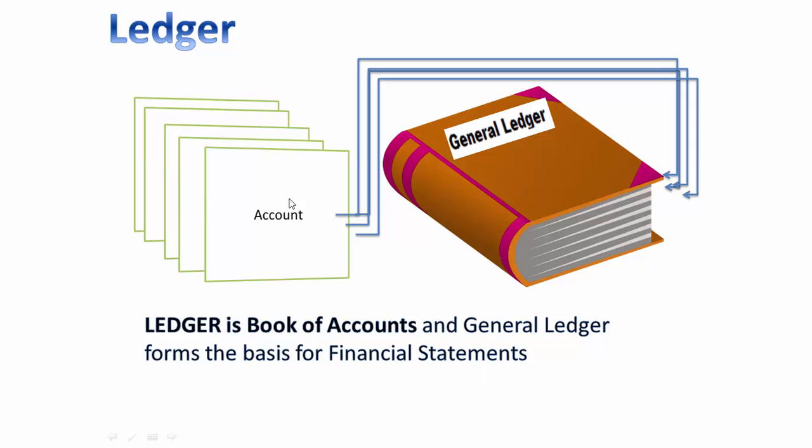Which means all the accounts of the company which is presenting the financial statements will be treated as general ledger accounts, because the listing of all the accounts which you are recording in this book is what we call a ledger, and that is also called a general ledger.